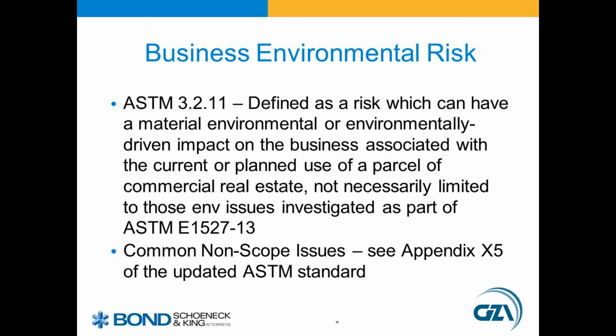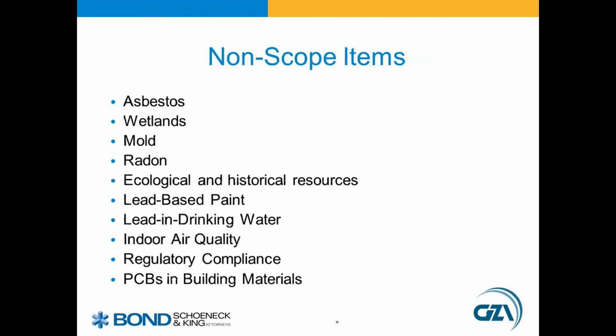And so there may not be an environmental condition which may require environmental cleanup, but there could be situations which would impact the planned development of the property, and they're environmentally based. Now, for the common non-scope issues, one would look at Appendix X5 of the updated ASTM standard to give a summary of their view of those issues.